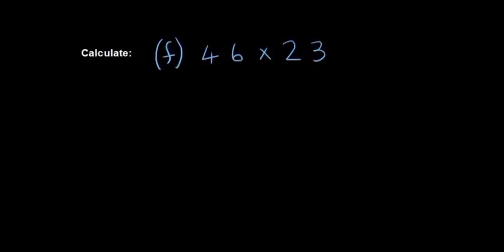In this question, we're going to see how we can use the distributive property of multiplication to multiply a 2-digit number with a 2-digit number. So first, we're going to cut the 23. And next, we're going to distribute the 46 inside the bracket.